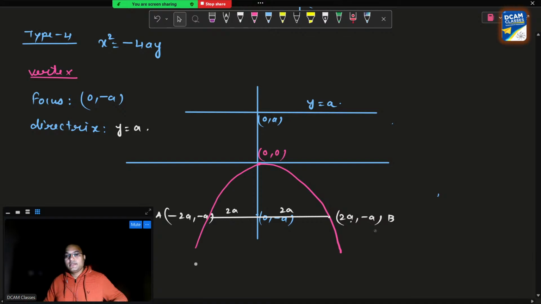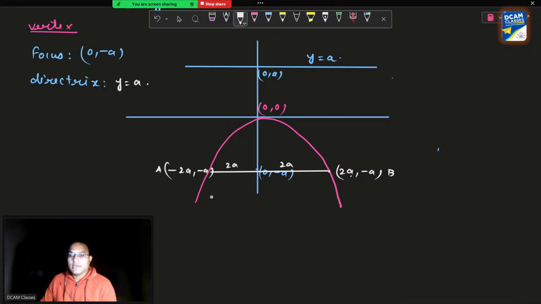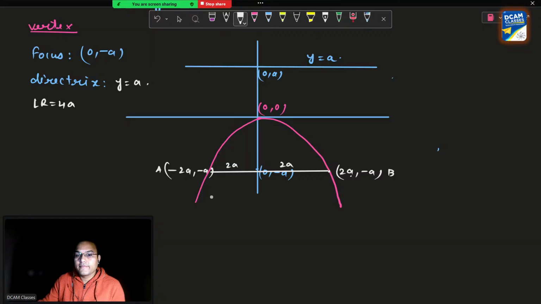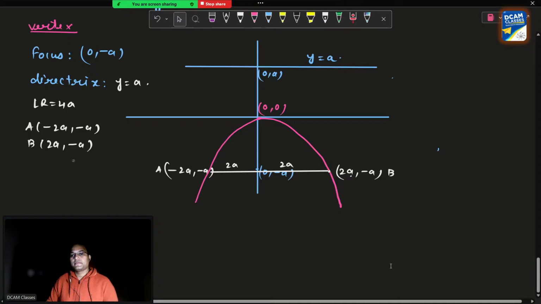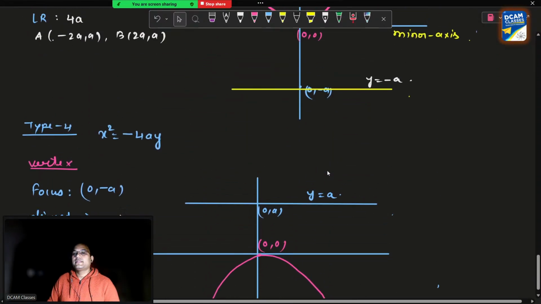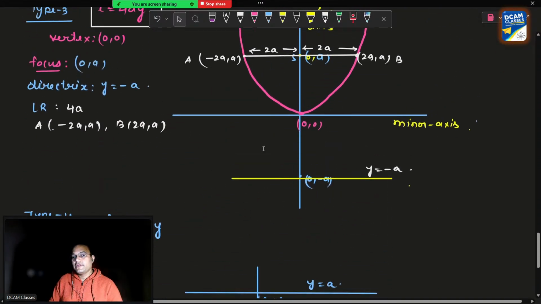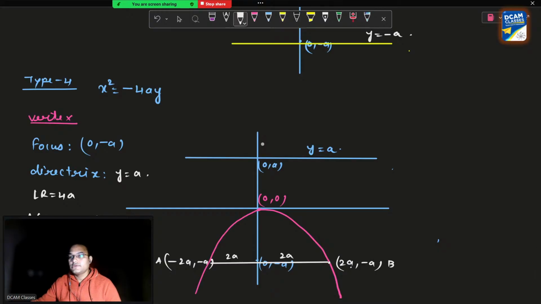Now I'll tell you the complicated one, the complicated parabola. Be ready. See, these are 4 different kinds of parabola that you actually come across. And I'll tell you the questions also, whenever you will be solving now.